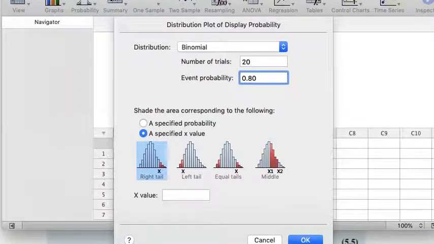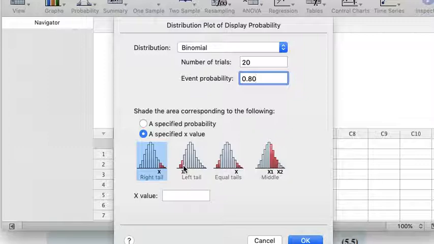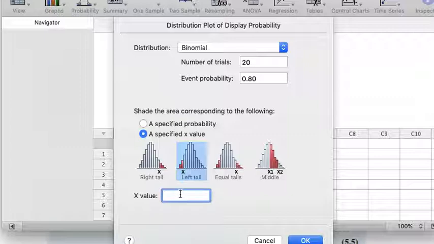So 12 or fewer means 12 or less. So I'm going to be using left tail because I want to know the probability of numbers 12 or less. And think of this as a number line where smaller numbers are on the left, larger numbers are on the right. So choose left tail, and 12 or fewer means that I enter 12 for my x value.